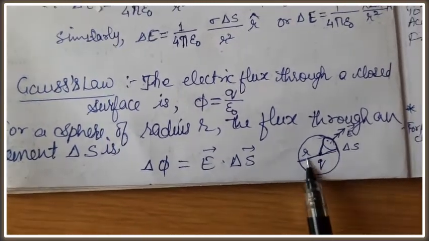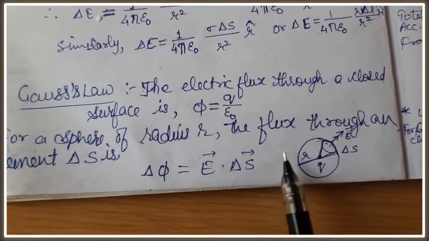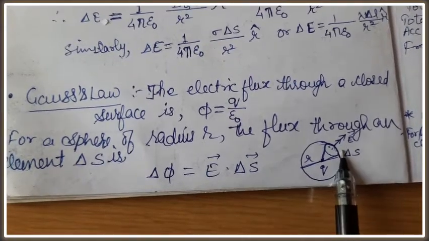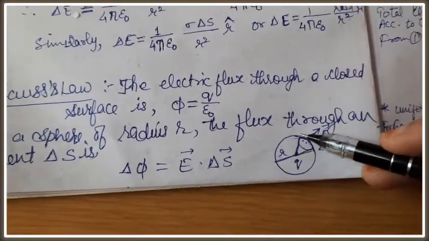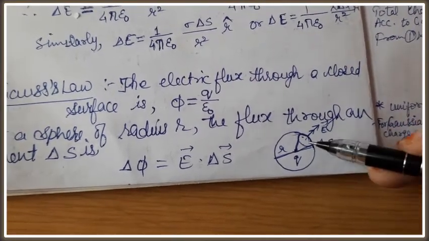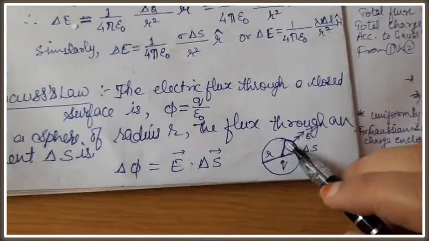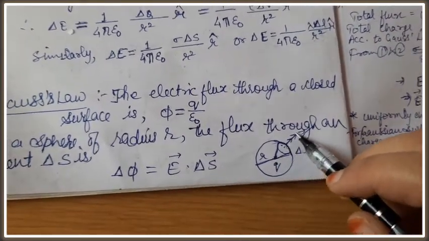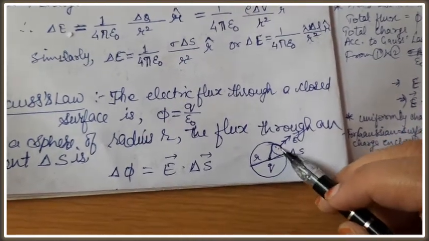Suppose we have a sphere of radius r, and we consider the flux through a small area element. We take a small area element at the surface of the sphere, and for the small area element delta s, as I have already told you, the area vector delta s will be normal to the area which we are considering.